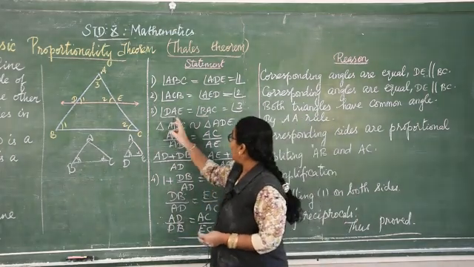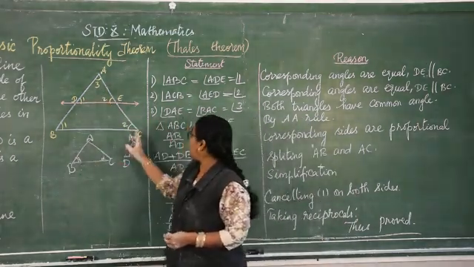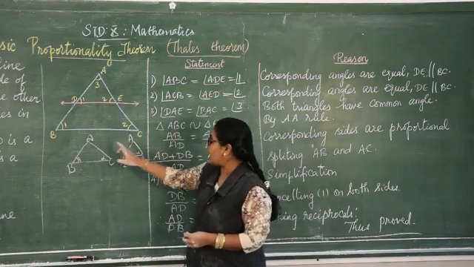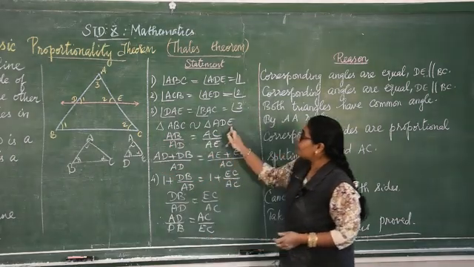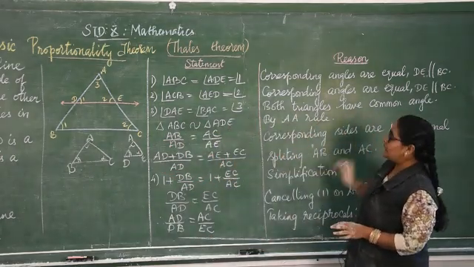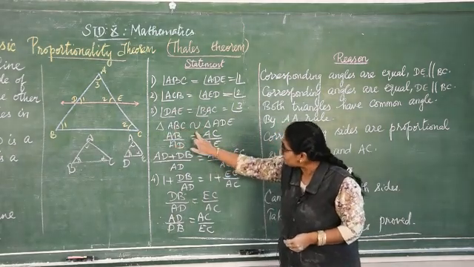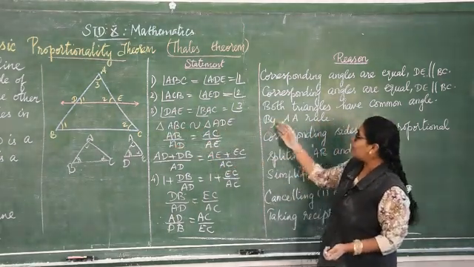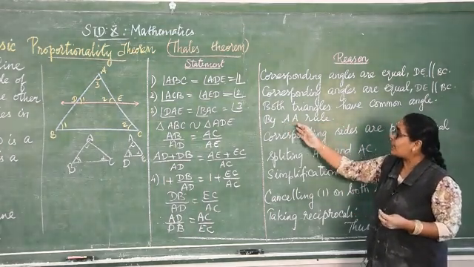Now we are taking angle A, that is DAE and BAC. This angle A is common, both the triangles have common angle. So we can conclude that triangle ABC is similar to triangle ADE by your angle similarity criteria, I have written angle rule.